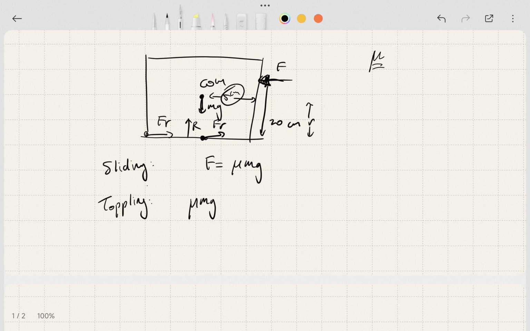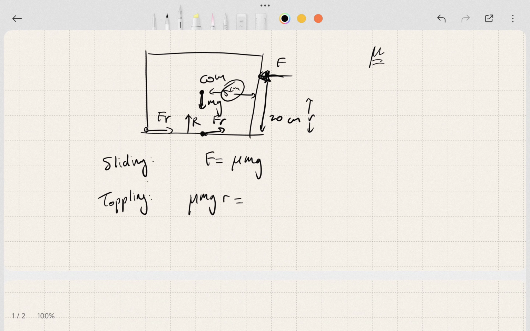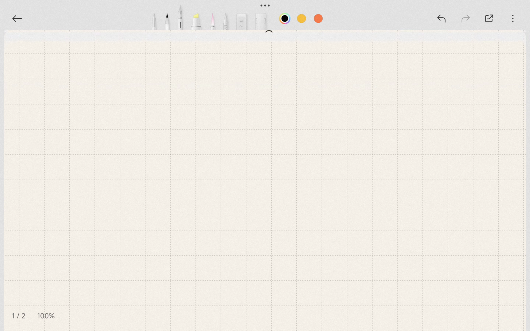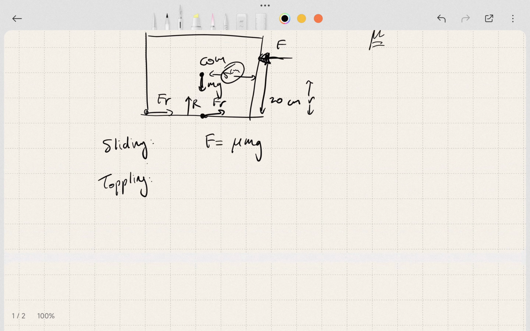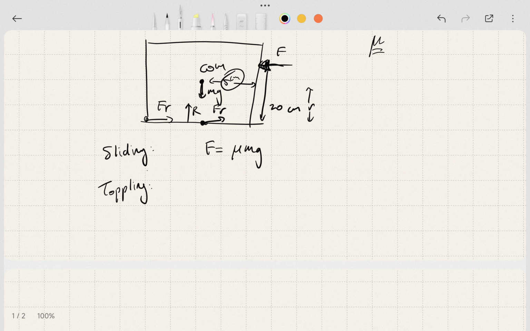I would think that mu mg times R must be equal to the force times 20, F. No, that's incorrect, because we have to try to use the fact that the distance between the side of the wall of the container and the center of mass is 5 centimeters.